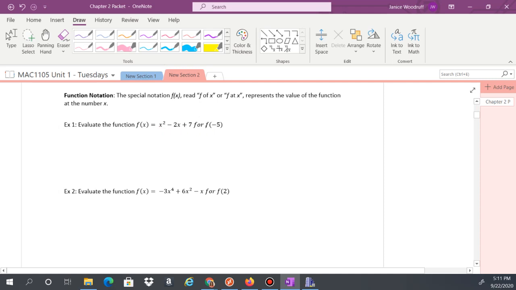You can evaluate for f of negative 5. So what you're going to do is first plug negative 5 into the function for each x value.